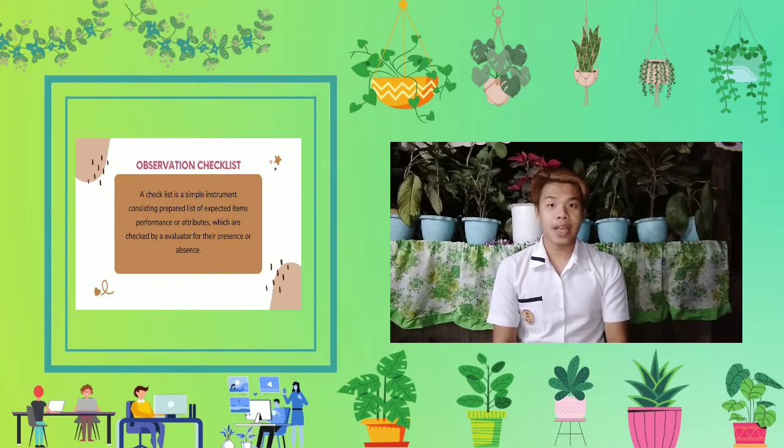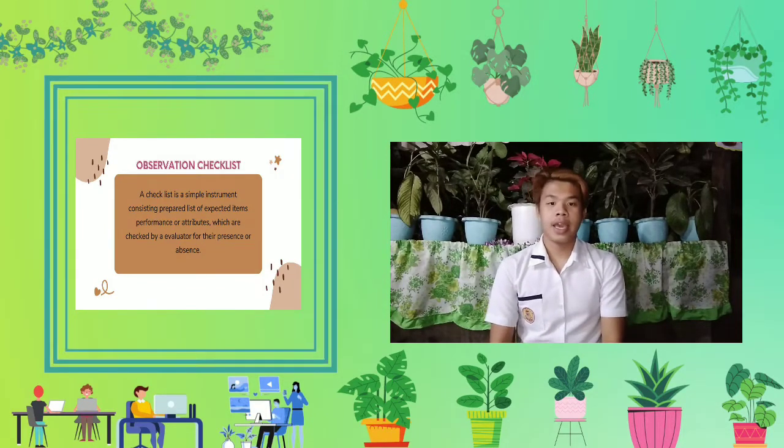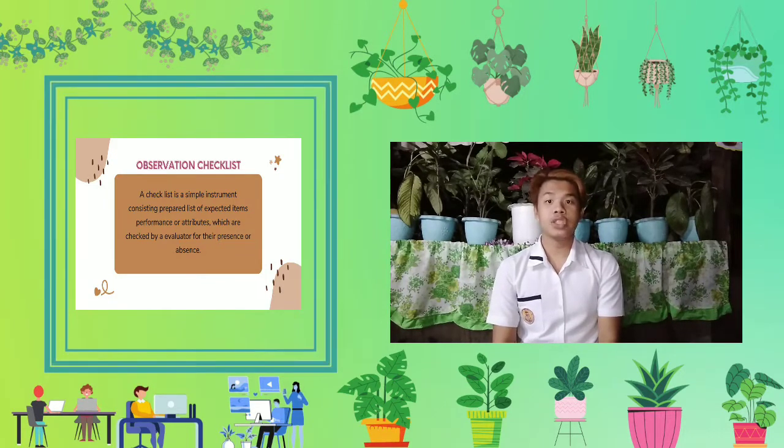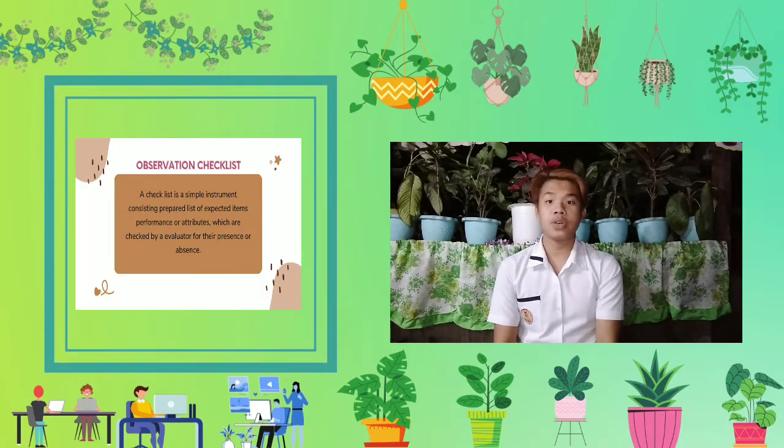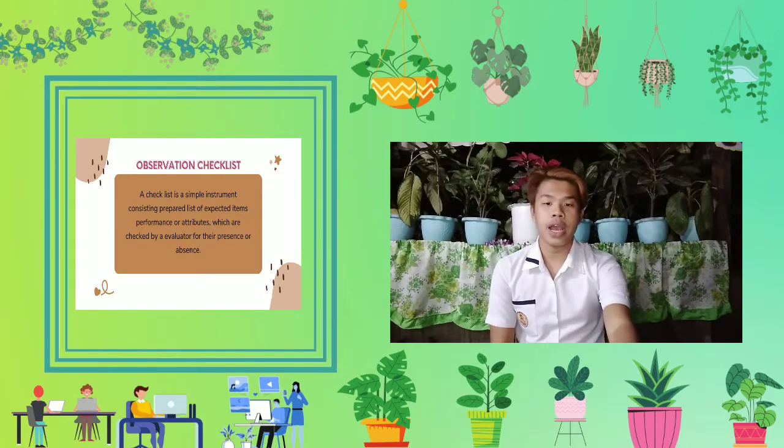Let us first define what an observation checklist is. A checklist is a simple instrument consisting of a list of expected items, performances, or attributes, which are checked by an evaluator for their presence or absence.